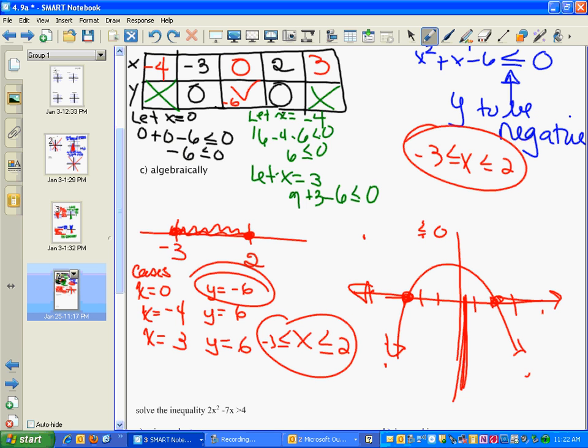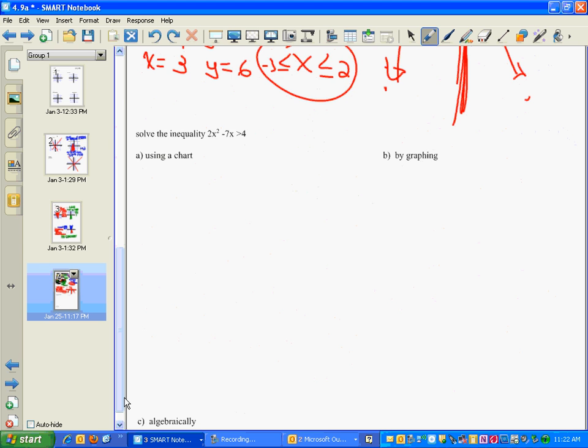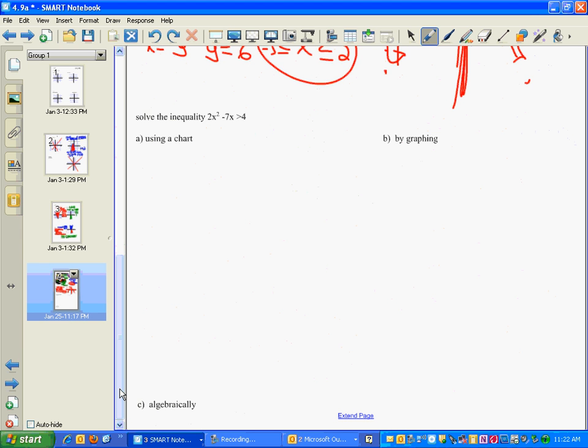Okay? So you get to try it on your own. They will give you parts where you do algebraically. They will give you parts where you do graphically, and give you problems where they do it chart-wise.